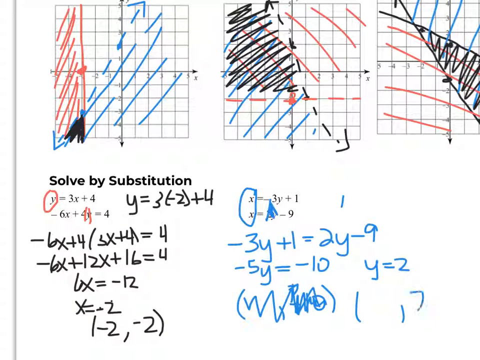So y is 2. Plug 2 in, so negative 3 times 2 plus 1. So negative 6 plus 1, which would be negative 5.